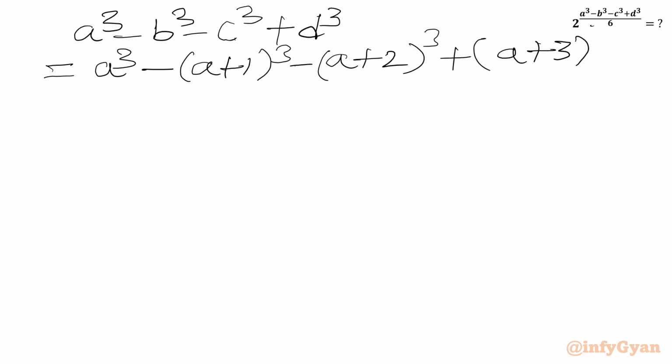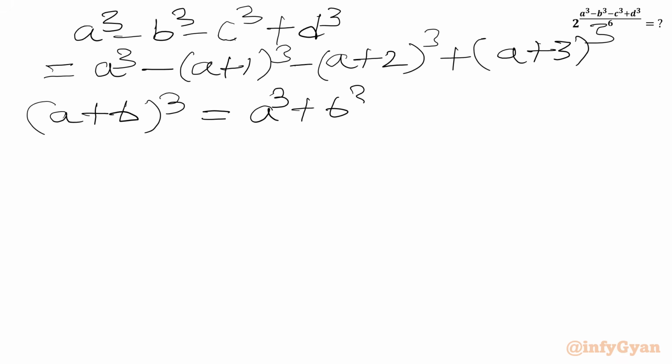Now we are going to use the (a plus b) whole cube formula. Let me write the formula here, or we should write (m plus n) whole cube: a cube plus b cube plus 3 times a square b plus 3 times a b square.